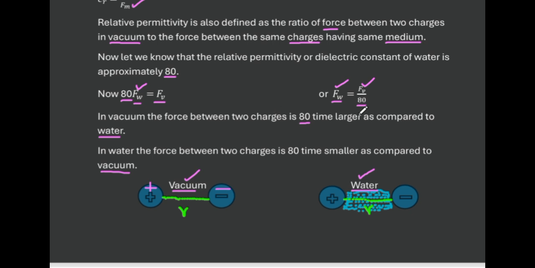And this equation means that if we place water between the same charges at the same distance, the electric force in water between these two charges will be reduced by 80. It means that it will be 80 times smaller as compared to vacuum.